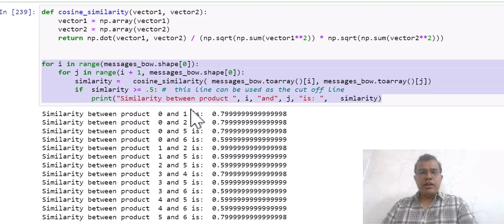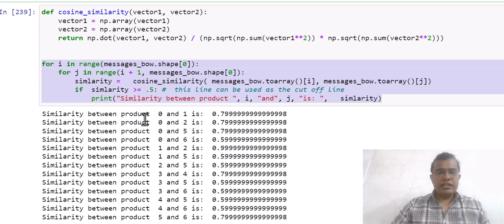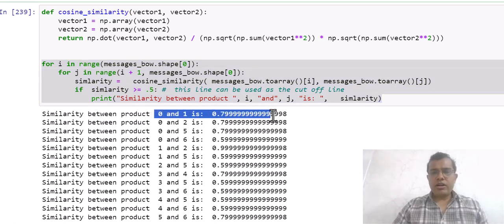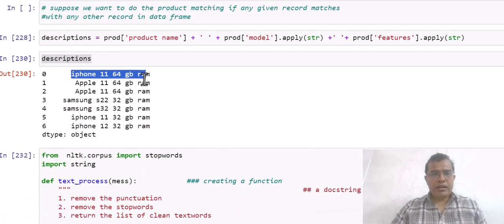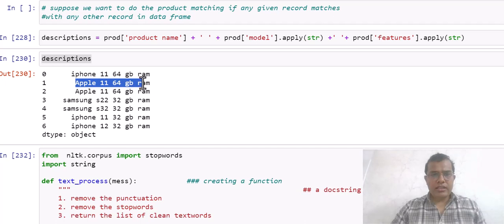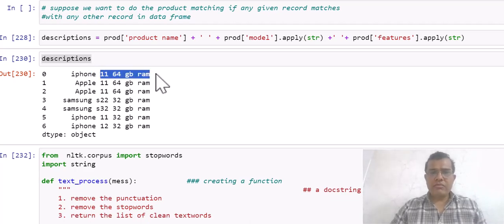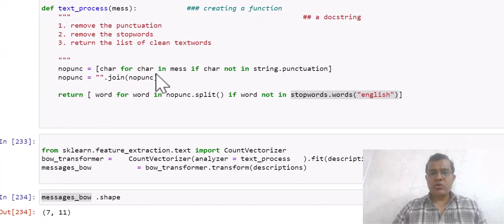For example, the similarity between my product 0 and product 1 is 0.799, which means the similarity between this product and this product is 79, which is your 80%. And if you notice, apart from iPhone and Apple, the rest everything matches. So similarity seems to be quite high.